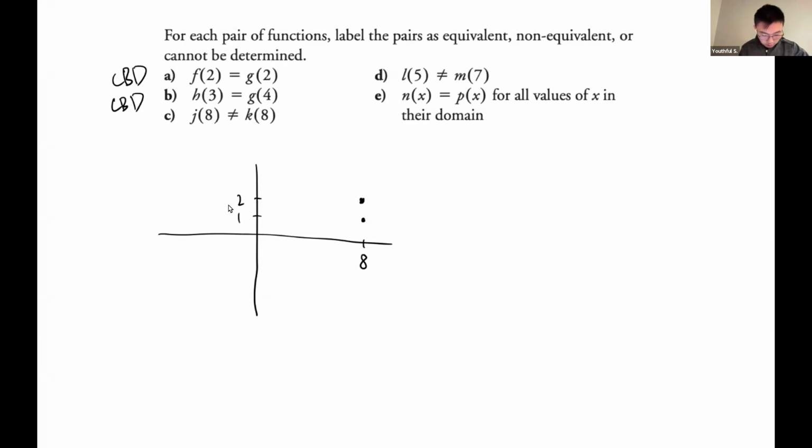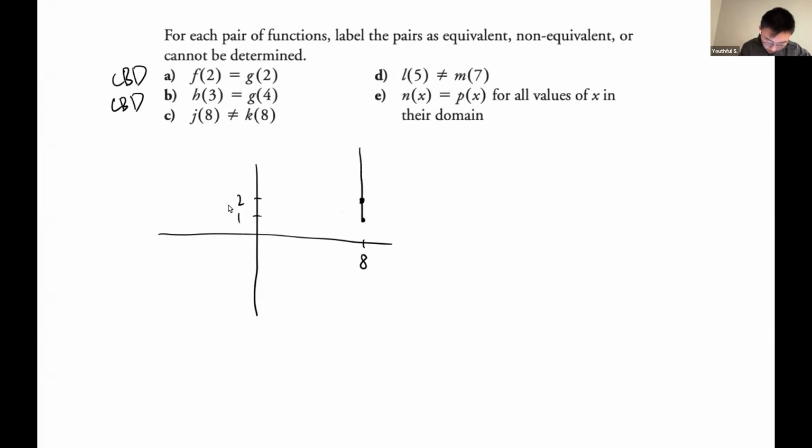So in this example, because they're not equal, by definition, it's impossible for these functions to ever be the same. There's no way to draw a function where both of these points are on the same line.